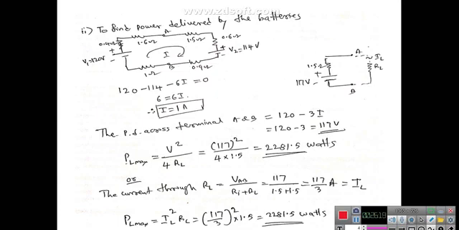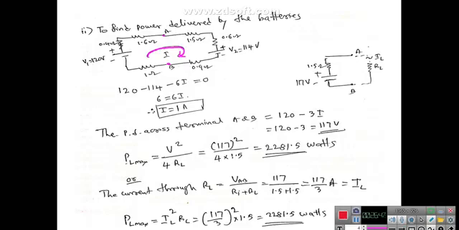Now to find the power delivered by the batteries, you have to find the current through the circuit. First you have to remove the load resistor, then you find the current in the circuit. This is only one loop, so you assume the direction of the loop in this direction.